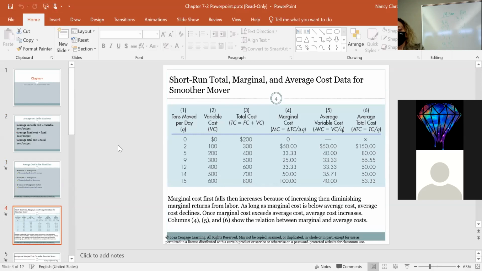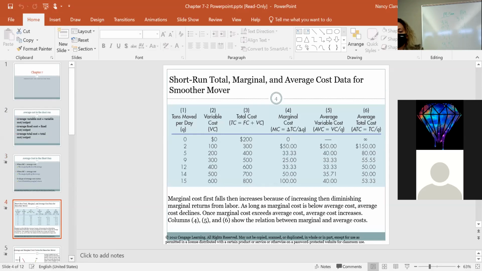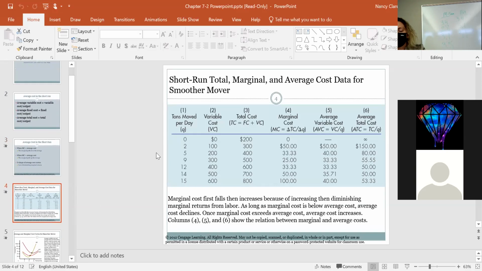This is the chart that you are going to use to refer back to when you are doing the worksheet. This is almost identical to your worksheet, this chart right here. I'm going to give you quantity, that's a given. I'm going to give you variable cost, that'll be a given, and then I'm going to give you fixed cost, which is not on here, but will be on the one that I give you.